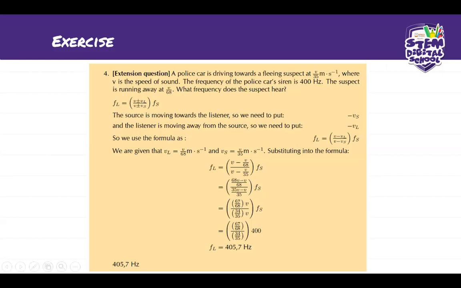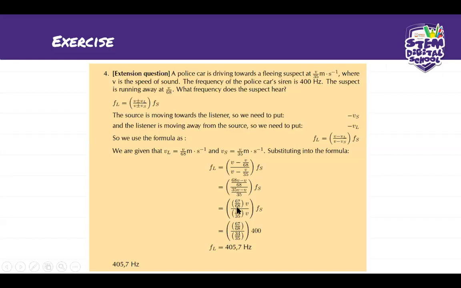Okay. When we get to this part here, it's going to be 60V over 68, right? And this one is going to be 34V over 35.